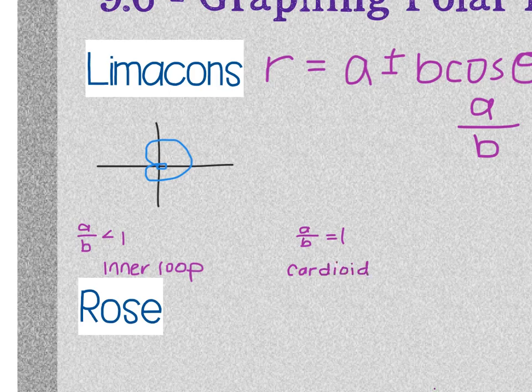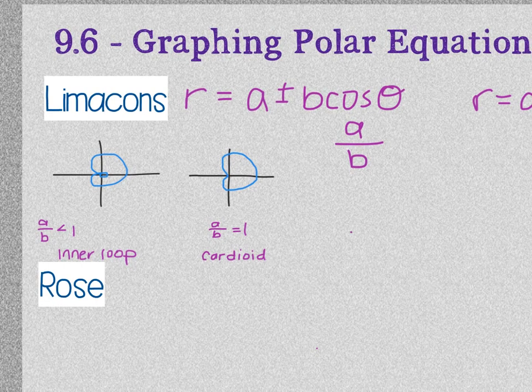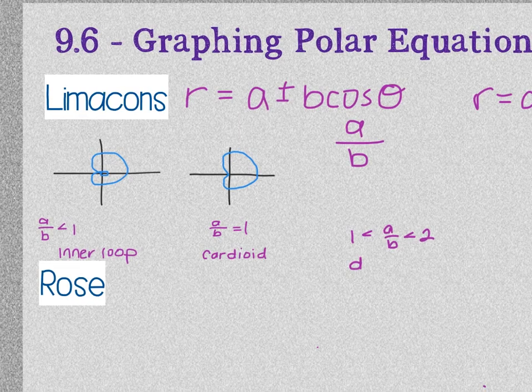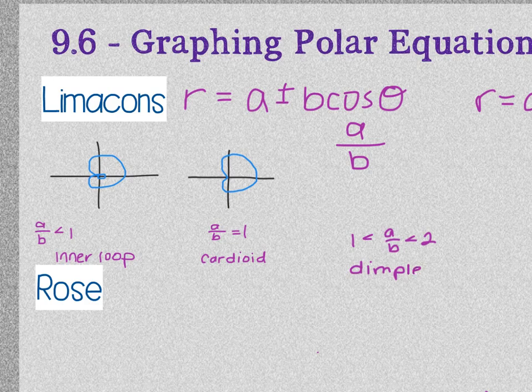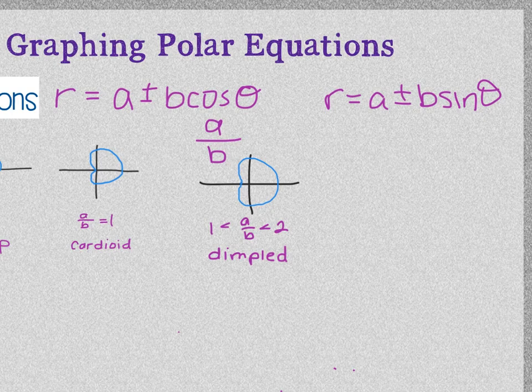If a over b is equal to 1, then it's a cardioid, or heart-shaped. If it is in between 1 and 2, then it is dimpled, sort of like a lima bean.